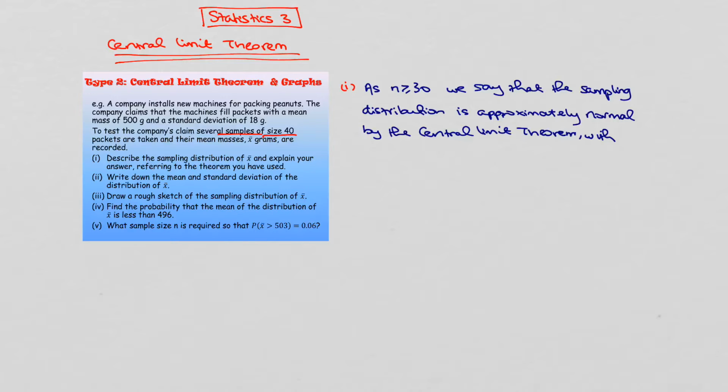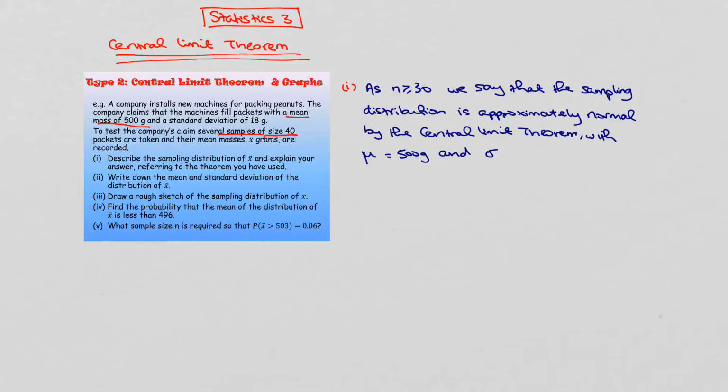with mean equal to, and we can see up here we're told the mean mass is 500 grams. So because of the central limit theorem, the sample means will be the same as the true population mean there, which is 500 grams, but it'll have a new standard deviation.